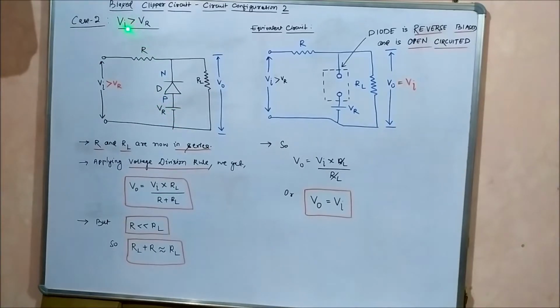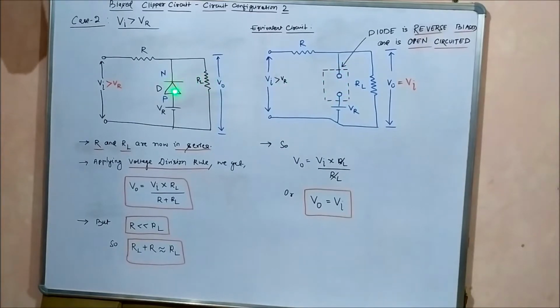Vi is greater than Vr, so the N end is connected to Vi, the P end is connected to Vr. It means the N end is at a higher potential and the P end at a lower potential. So the diode in this type of connection is reverse biased, and when a diode is reverse biased, it will behave as an open circuit.